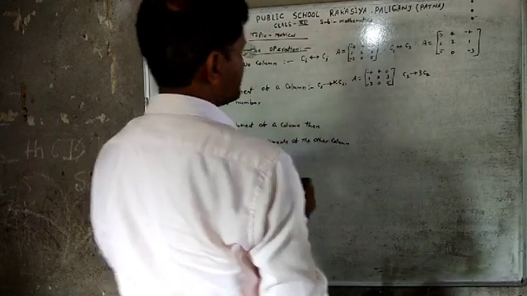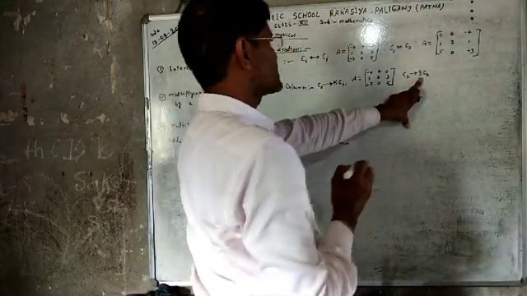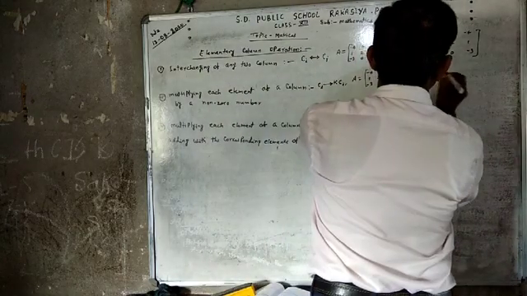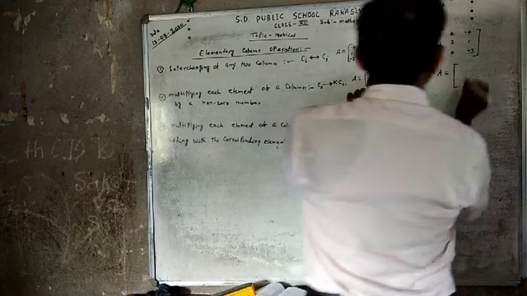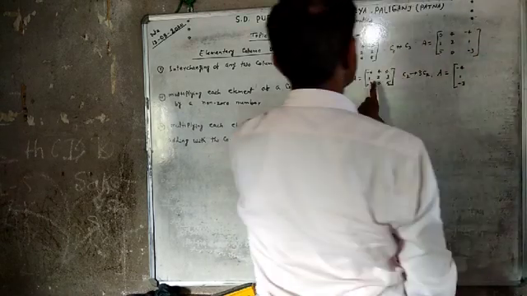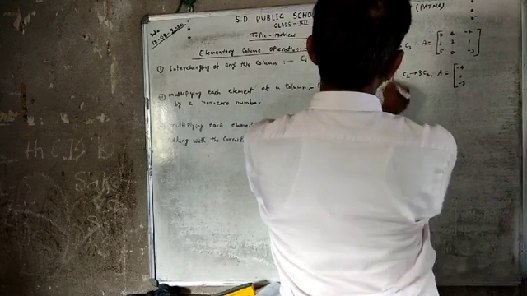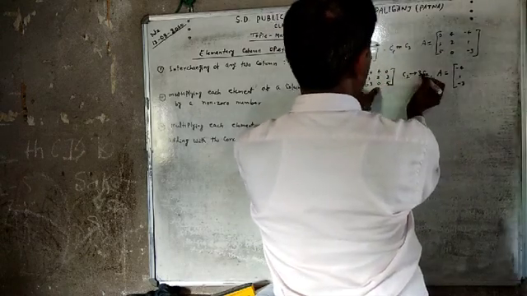Every element of column 2 has to be multiplied by 3. Then the matrix A gets -4, 1, and -3 in the first column. Then the second column is multiplied by 3.